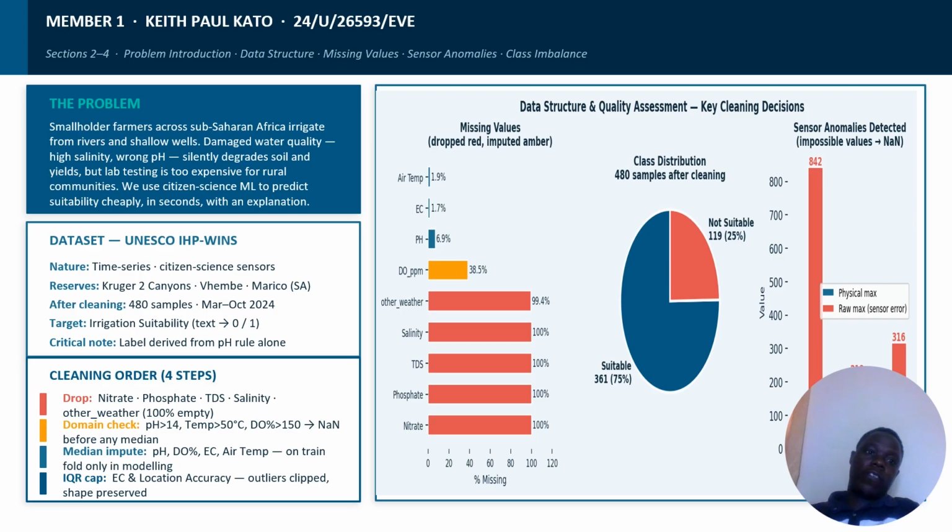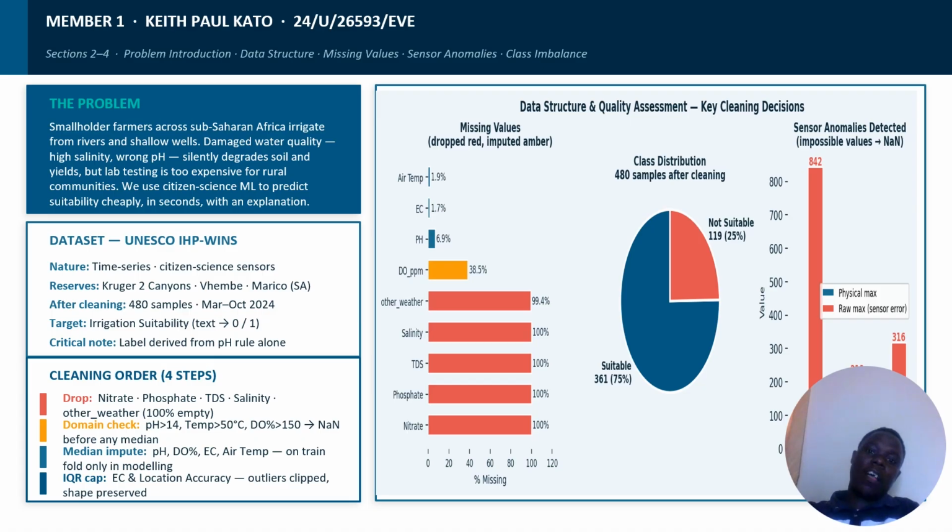And as such, some of the key decisions we took during cleaning was that we realized we were working with a 480 sample data set that had 119 non-suitable samples and 361 suitable samples, which gave us an imbalance ratio of 3:1.